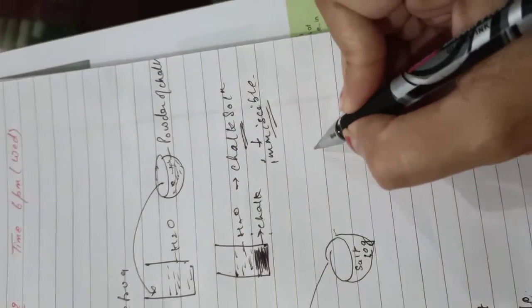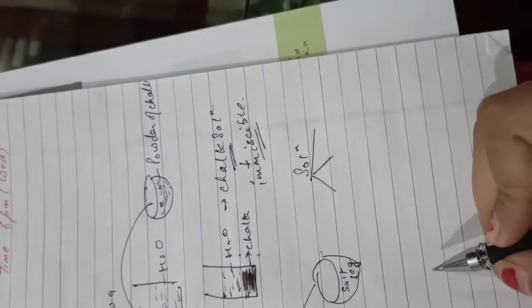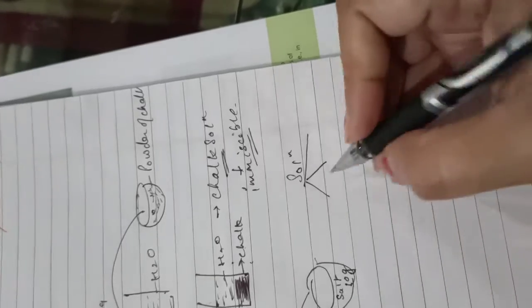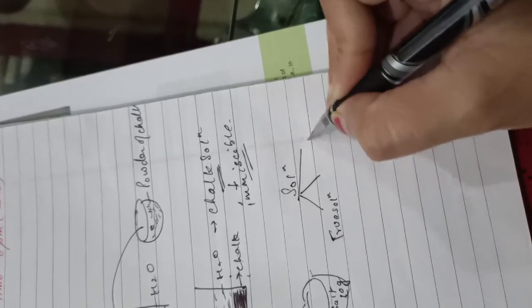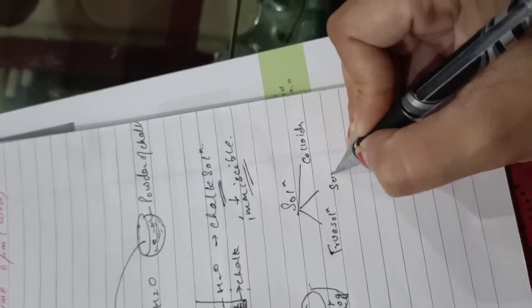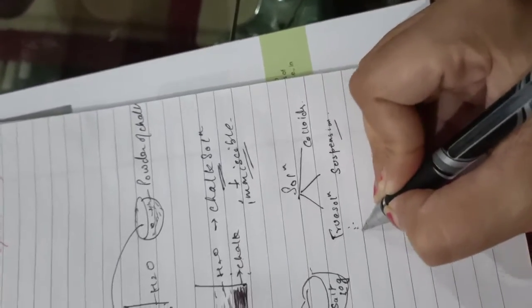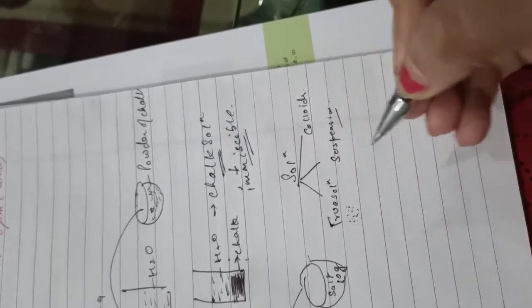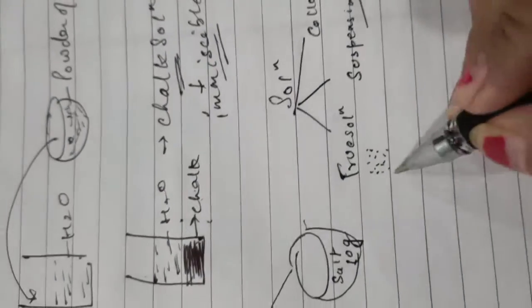You can see now, if we are talking about solutions, they are divided into three types: one is the true solution, second is colloids, third is suspension. A true solution has very small particles, which sometimes we can see with the microscope, sometimes we cannot see even with the microscope.